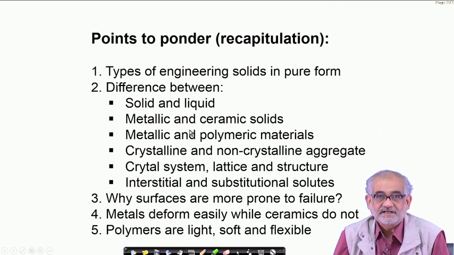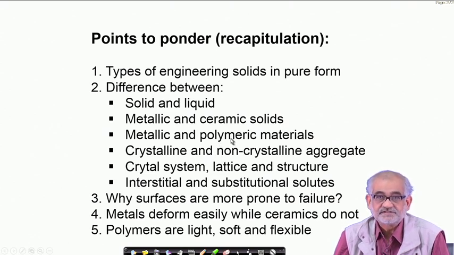We tried to understand the differences between metallic and ceramic solids, similarly metallic and polymeric, or polymeric and ceramic. And we realized that instead of going by certain traits or characteristics, the most important and unique way of distinguishing the various kinds of primary or pure solids would be on the basis of the bonding they enjoy.